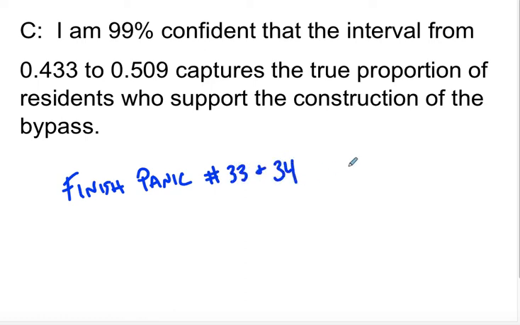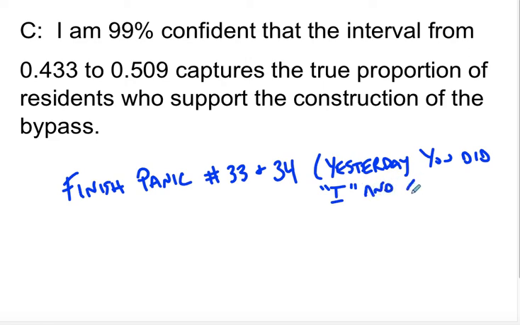So yesterday you did the I and the C. So today, what I want you to go and do is finish the P, the A, and the N. Okay? And then you're going to also do number 30, and that's a full panic problem.